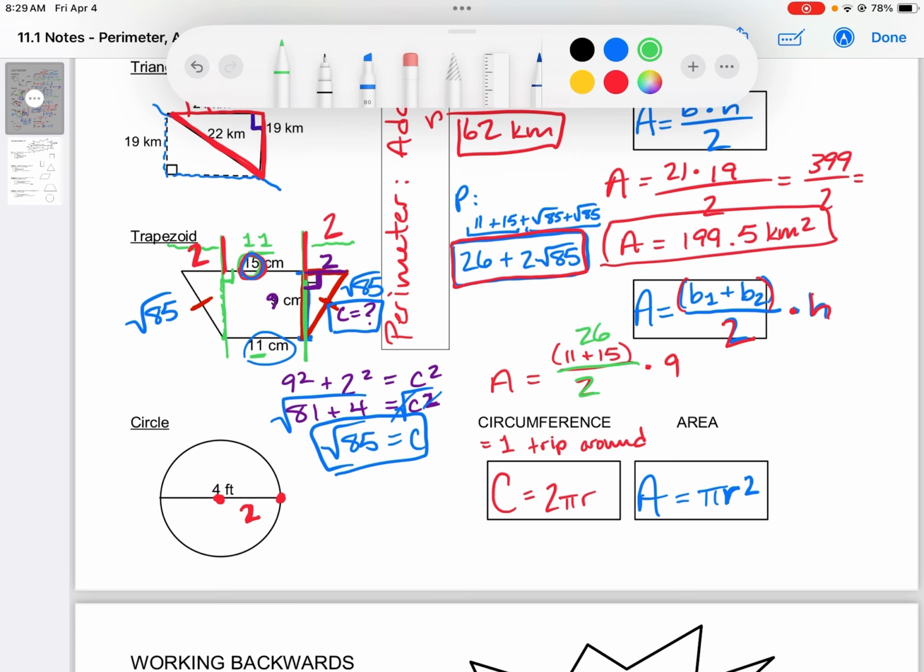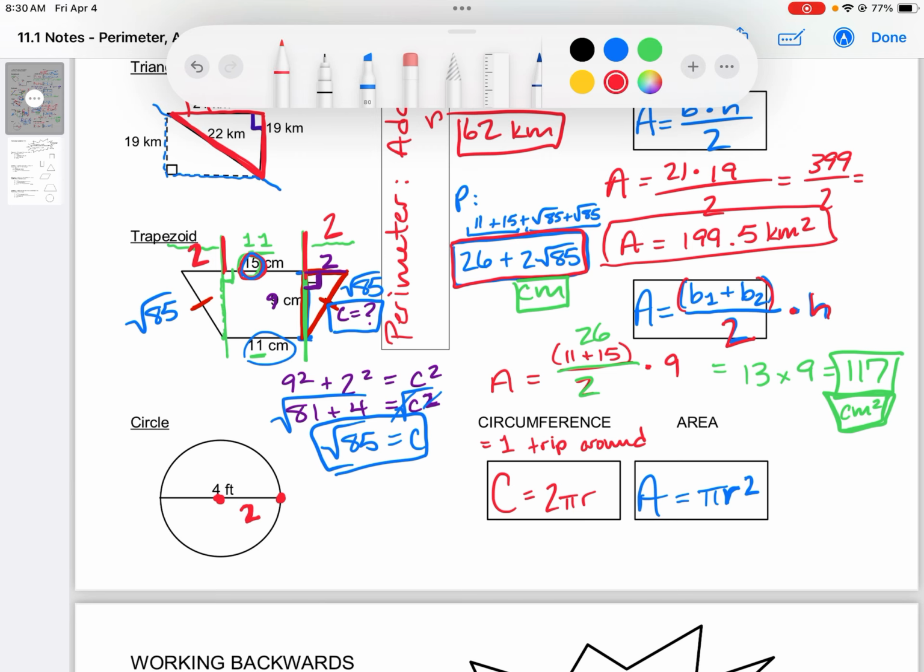So 11 plus 15 is 26. 26 divided by 2 is 13. 13 times 9 is 117. So my area is 117, and that is in centimeters squared. Also, my perimeter is in centimeters.